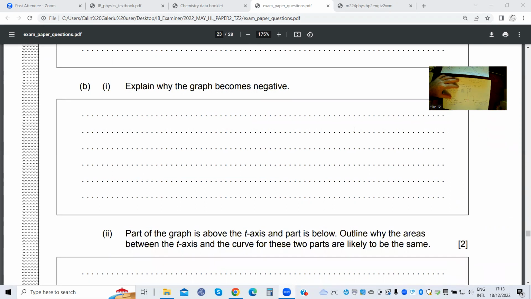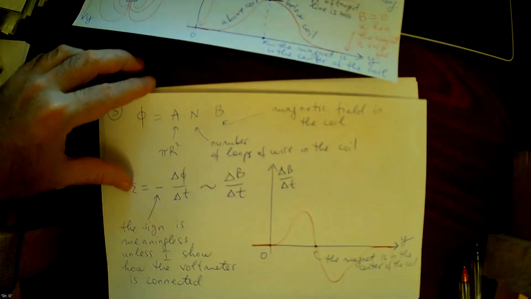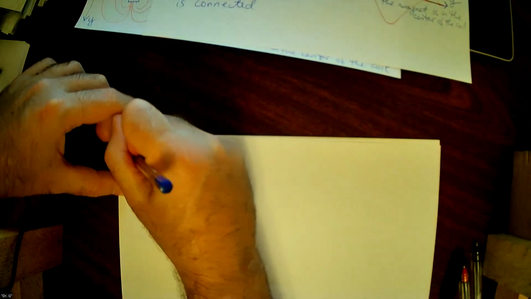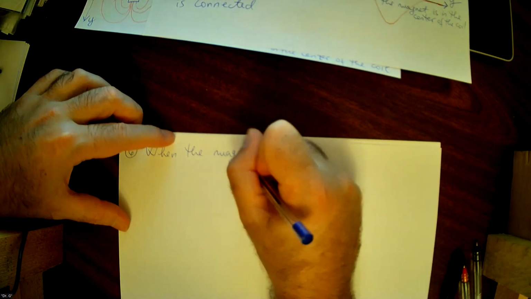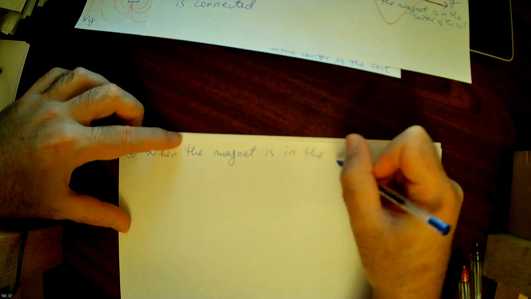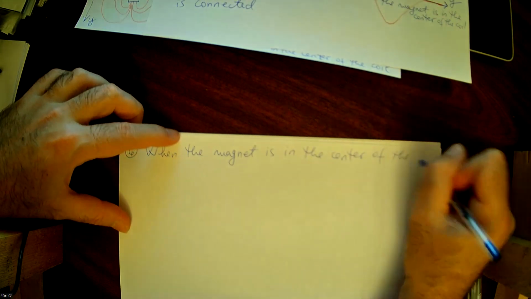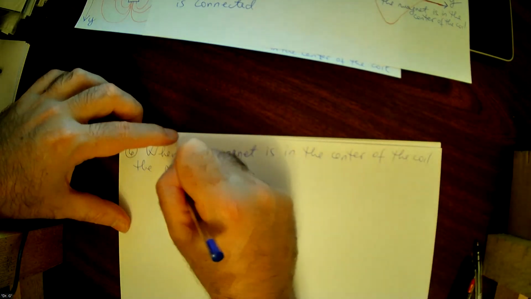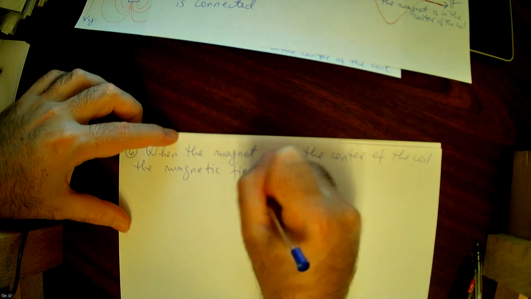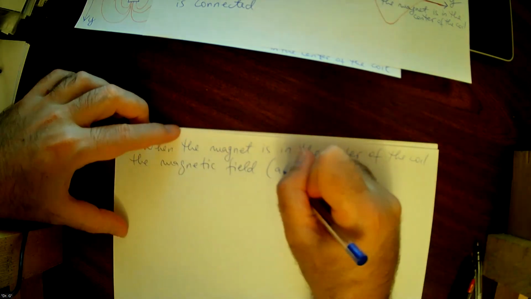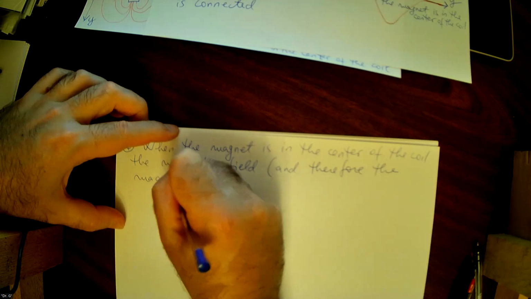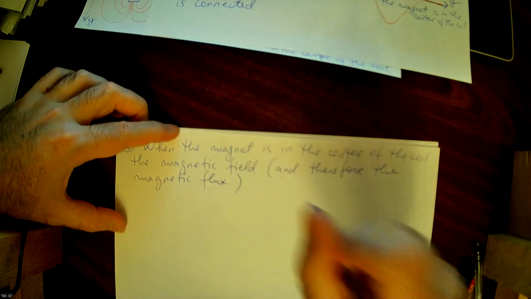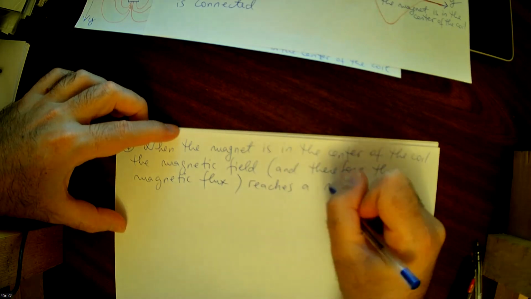And when the magnet is in the center of the coil, the magnetic field, and therefore the magnetic flux, reaches a maximum.